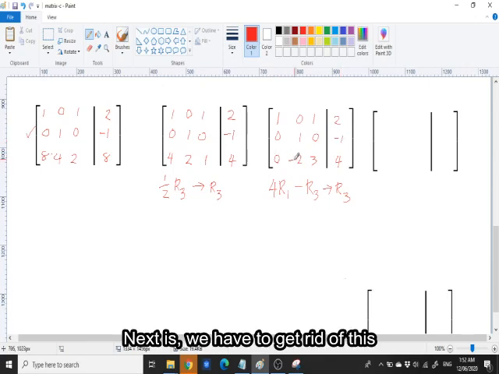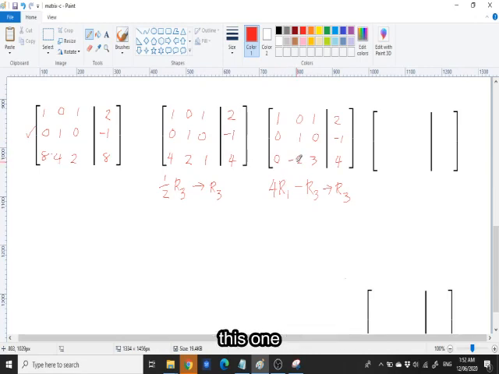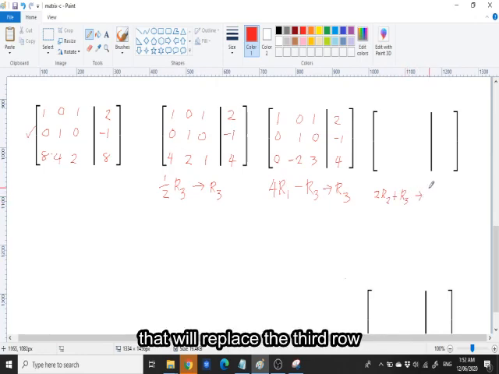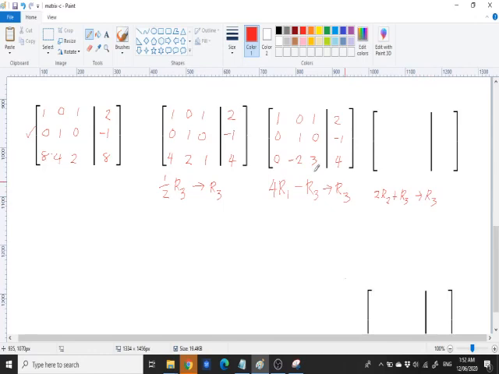Next we have to get rid of this one. So what I'm going to do is multiply the second row by positive 2, because that's the opposite of negative 2, and then add it to the third row. That will replace the third row. So 0 times 2 plus 0 is just 0.